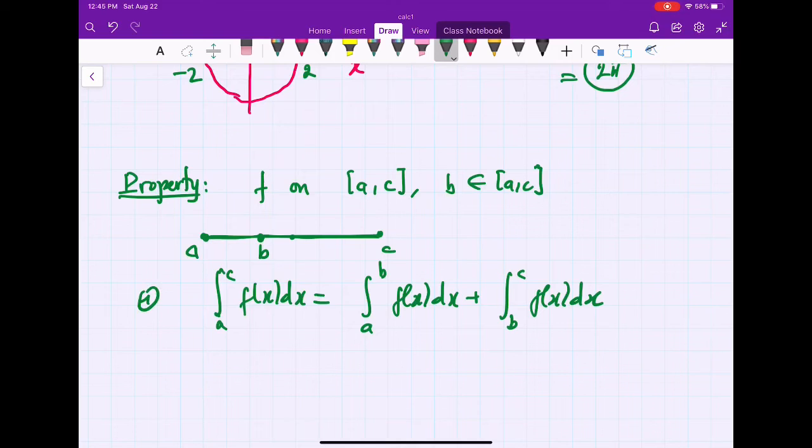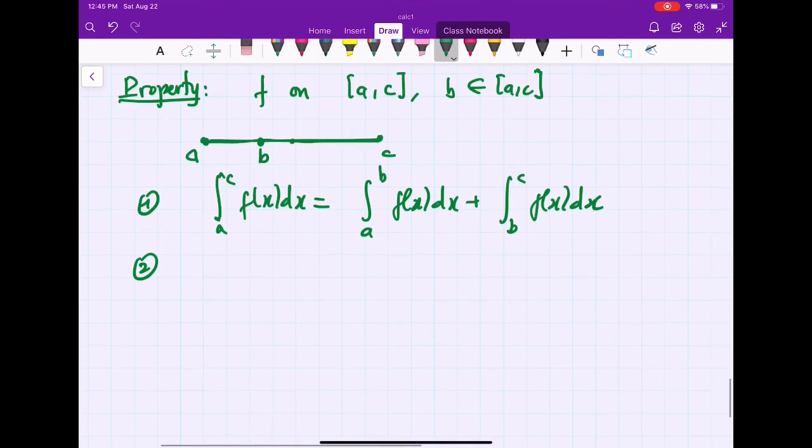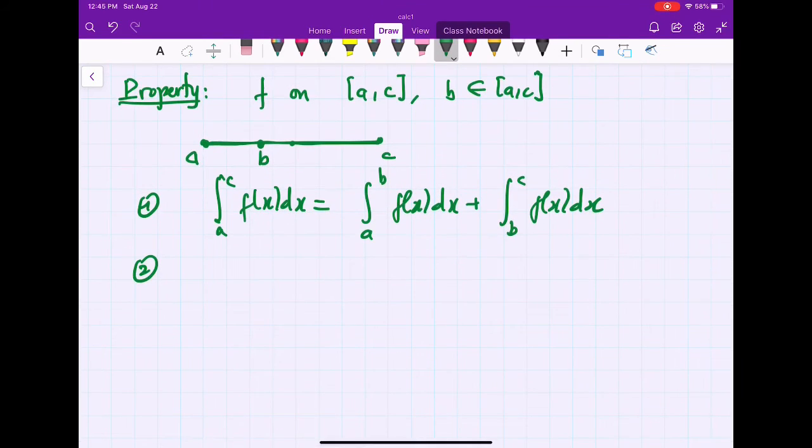And the second property of definite integral is that the integral from A to A of f of x dx is 0. So what does it mean? That means you integrate at only one point. So you can imagine, if you have only one point right here, A, and suppose that your function is positive at A. So what happened? Look at this.